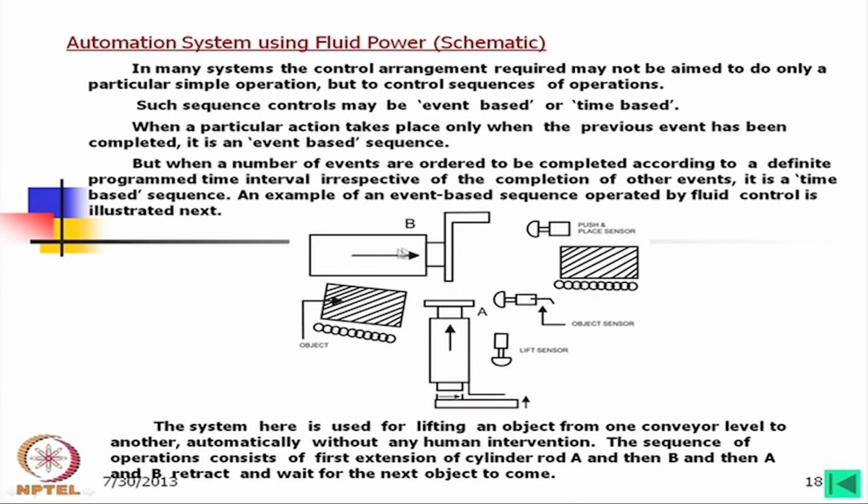When this push is completed, it will trigger another sensor which will go back to the initial state. That means another object will come. So, this is a simplified schematic view, but the actual one will be very complicated, and designing these may be done with fluid power. These actuators use fluid power, sometimes with fluid power or with electronics.